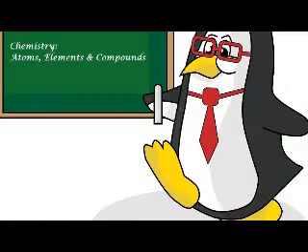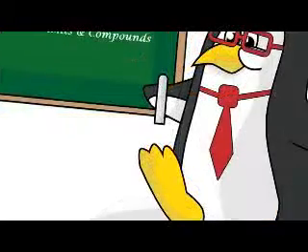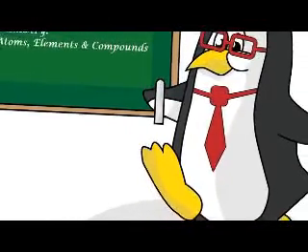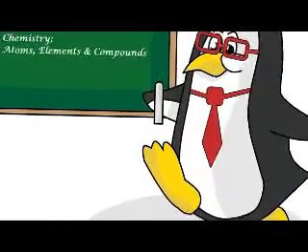Now, I'll give you an example. An example of a heterogeneous mixture is rocks. When you take a huge lump of rock, you'll find one kind of element predominant in one area of the rock and less predominant in another.